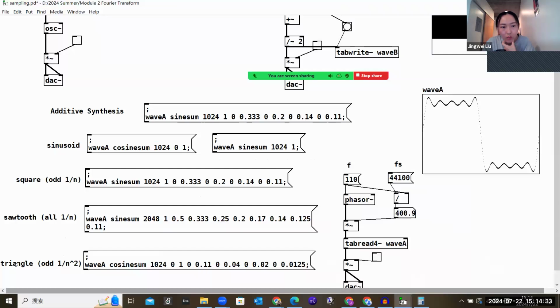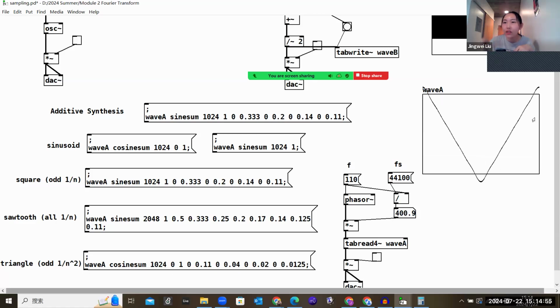For cosine waves we have some DC component. This is the first harmonic, then the third, fifth, seventh, ninth, and all the even harmonics are 0. And this is a triangle.